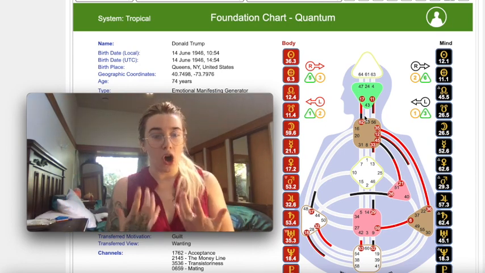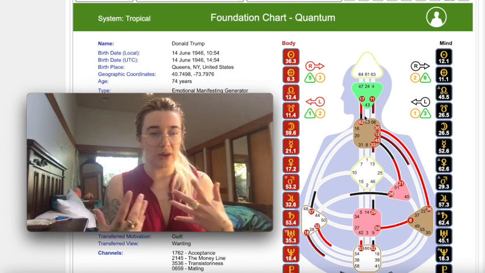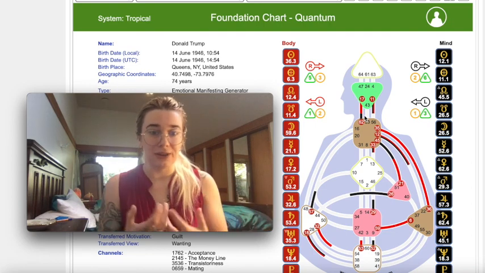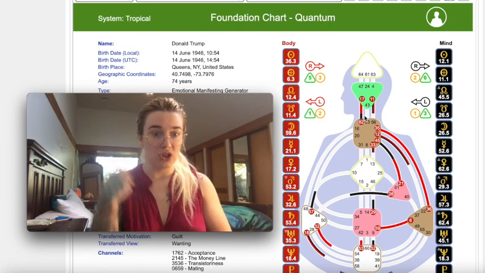Your energy is constantly going to be desiring the energy of that one gate that is going to fill up to make your energy complete.